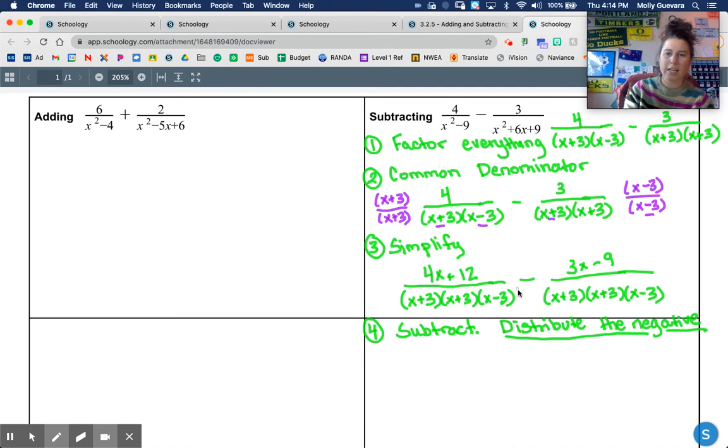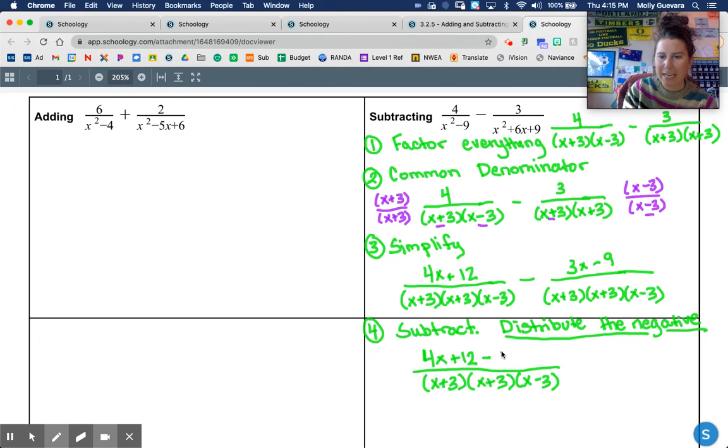We distribute the negative that's right here in the middle, the minus sign. So this becomes, actually let's write the bottom. Right, I have x plus 3, x plus 3, x minus 3. So I have 4x plus 12.